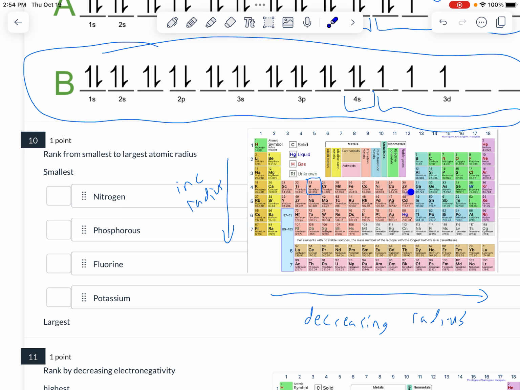And then as we go this way, we get smaller and smaller, and these would be the smallest atoms. Now, let's go ahead and list these. So let's find our elements. I have nitrogen, so I'm going to circle nitrogen. Phosphorus, I'm going to circle phosphorus. Fluorine's right here. And then we have potassium all the way down here. Let's go ahead and erase vanadium so we're not confused.